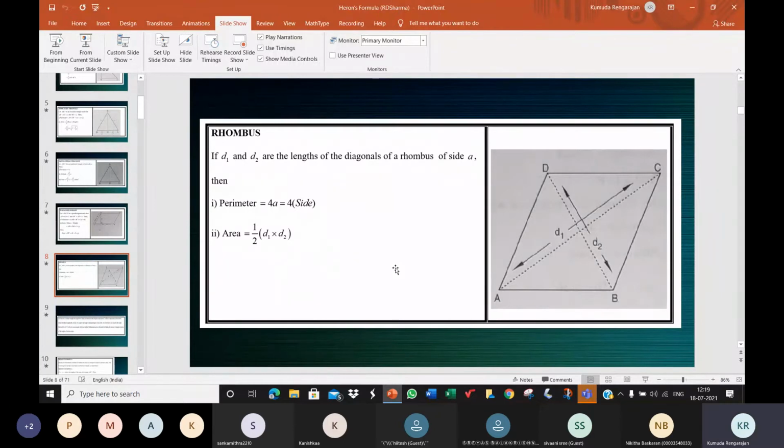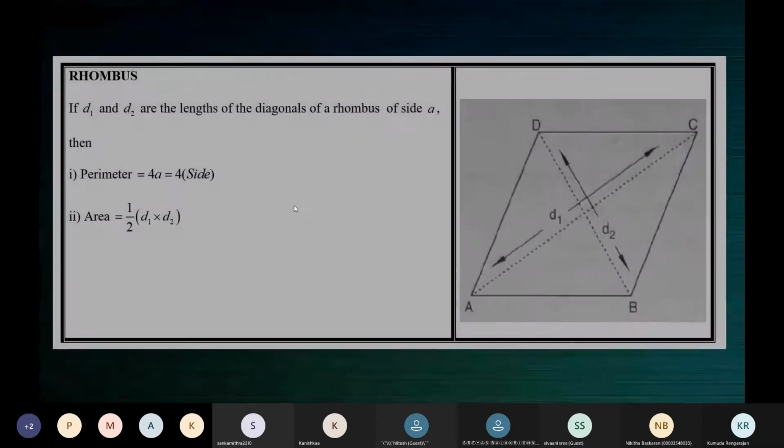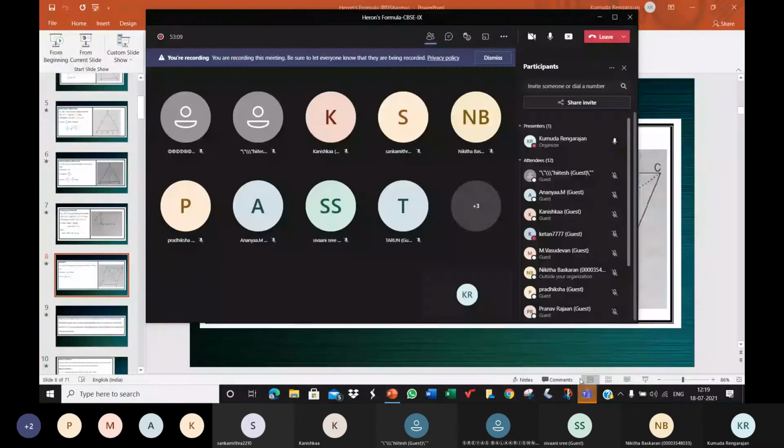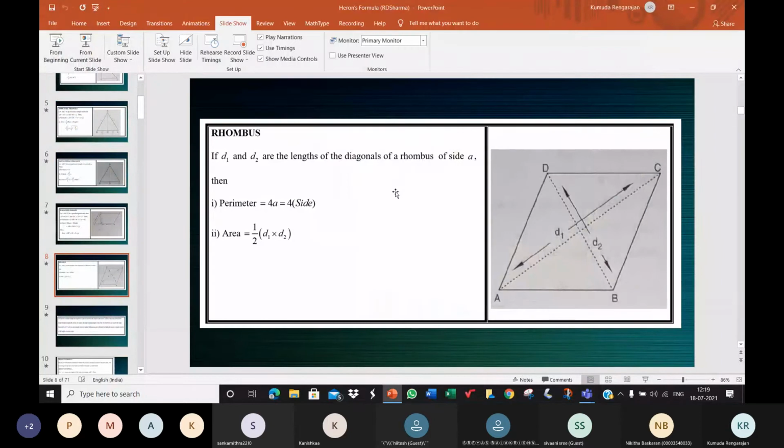We learned this in Understanding Quadrilaterals last year. The diagonals of a rhombus bisect each other at right angles.